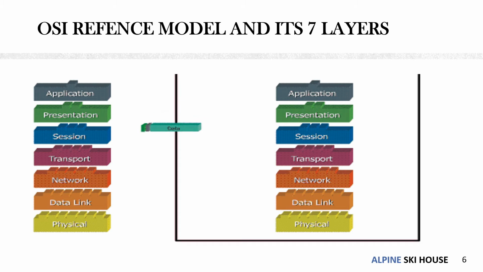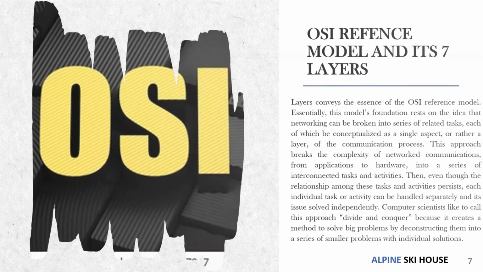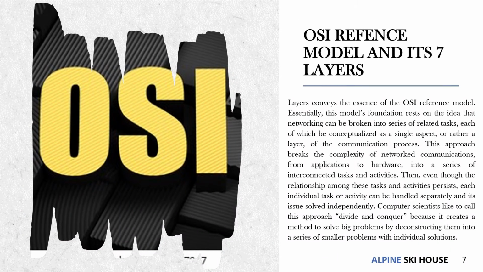Now, let's talk about layers. Layers convey the essence of the OSI reference model. Essentially, this model's foundation rests on the idea that networking can be broken into a series of related tasks, each of which can be conceptualized as a single aspect, or rather a layer, of the communication process.